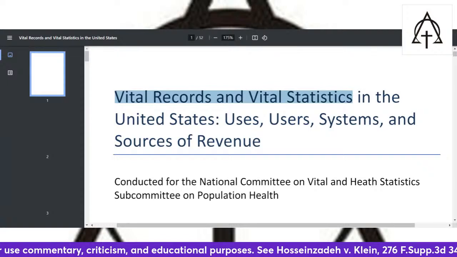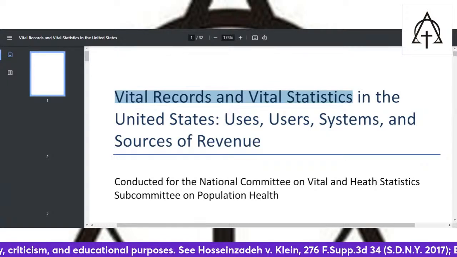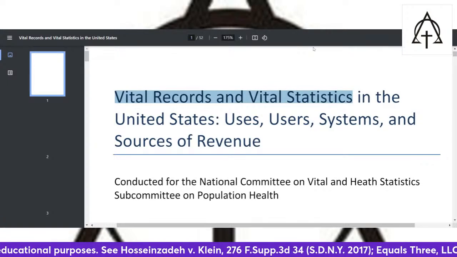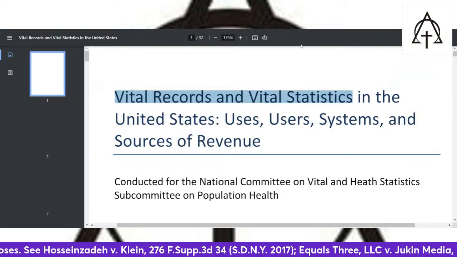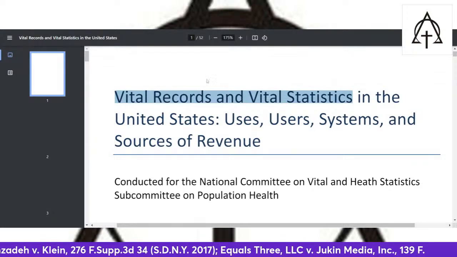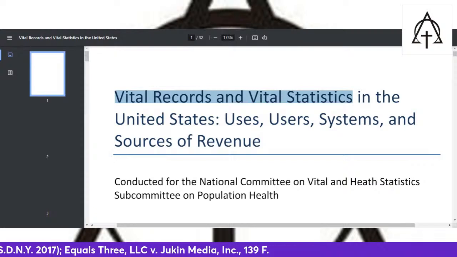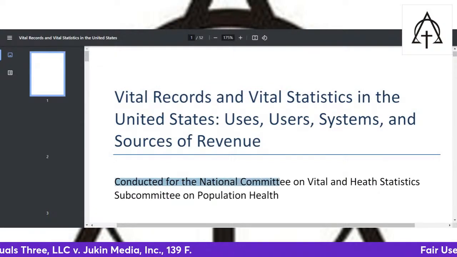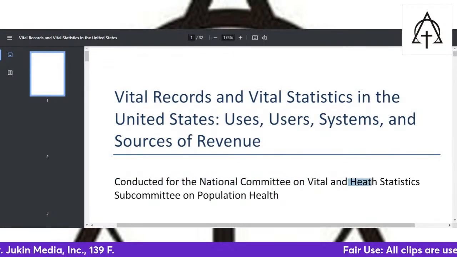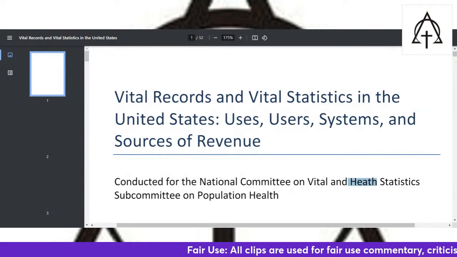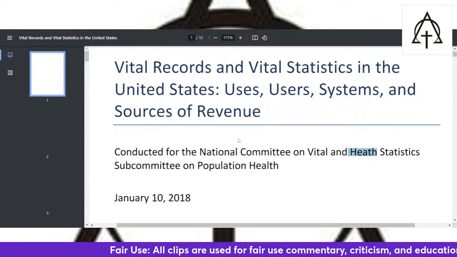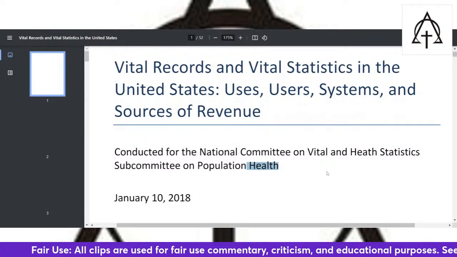Conducted for the National Committee, and get this, folks, this is 2018, and I'm sure this document went through a lot of processes before they actually made it public, and all these people profess that they're qualified, and yet it says conducted for the National Committee on the Vital and Heath Statistics, Subcommittee on Population Health.